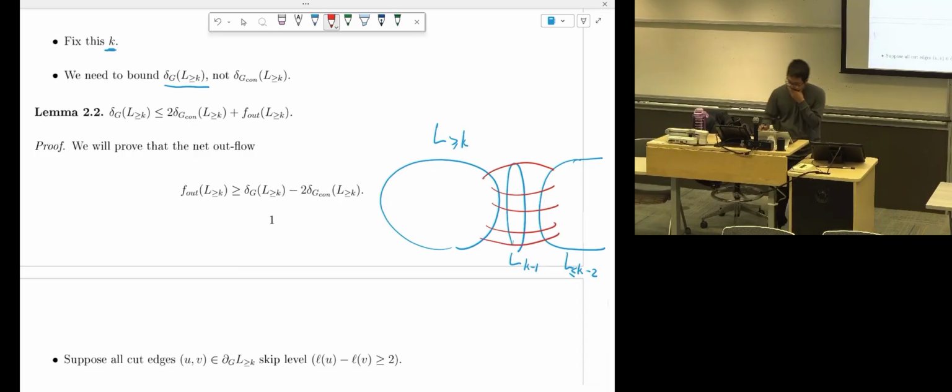In this case, I claim that the flow out of this is actually saturated, so it's exactly the cut size.